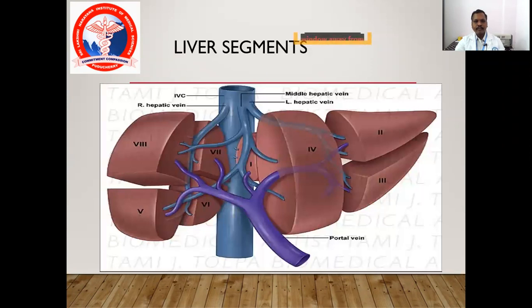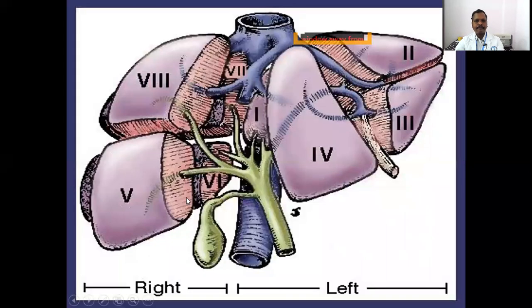Segment 1 is the caudate lobe, followed in the left lobe by 2 and 3, then 4, 5, 6, 7, and 8. This is how the segments are divided.